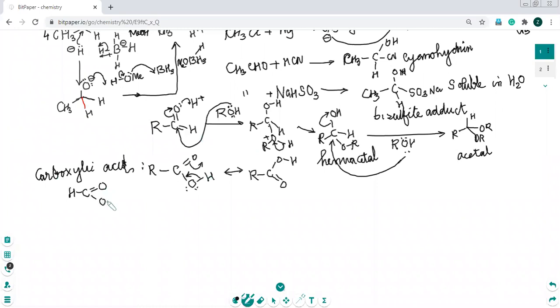You must be knowing the name of these compounds. This is called formic acid, when R is equal to H. If R is equal to CH3, we call it acetic acid.